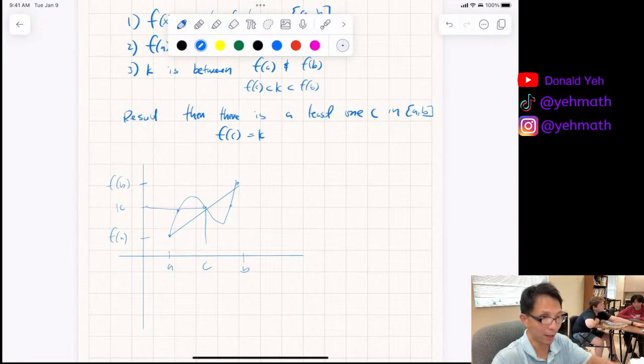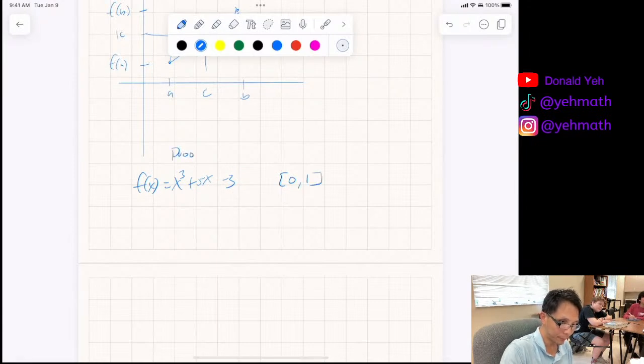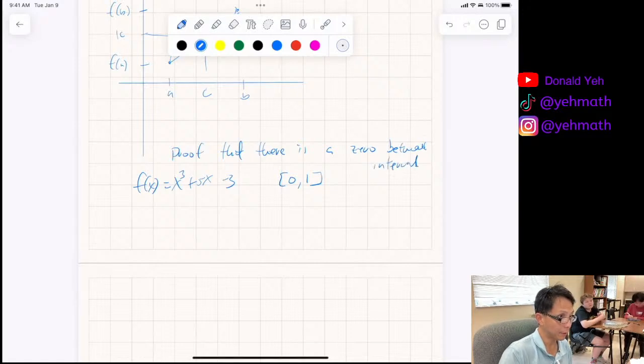Now, what kind of function? I will give it to you. On your homework, you might see this. This is one of your homework questions. It says f of x equals x cubed plus 5x minus 3. And then they say between 0 and 1, prove that there is a 0 between the intervals using the intermediate value theorem.